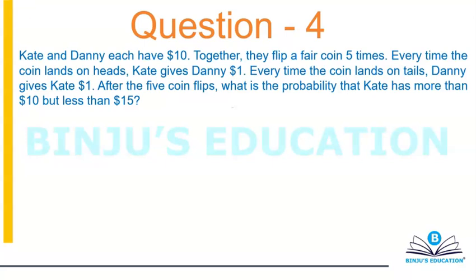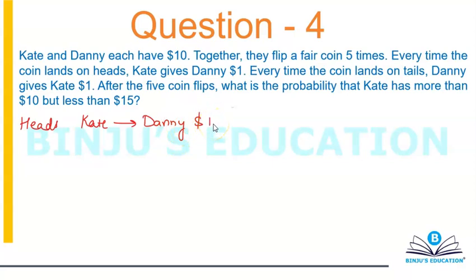So Kate and Denny each have $10. Together they flip a fair coin 5 times, alright? Every time coins land on heads, Kate gives Danny $1. Okay, so if it is heads, Kate will give Danny $1.